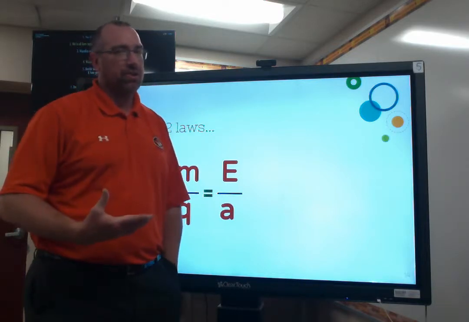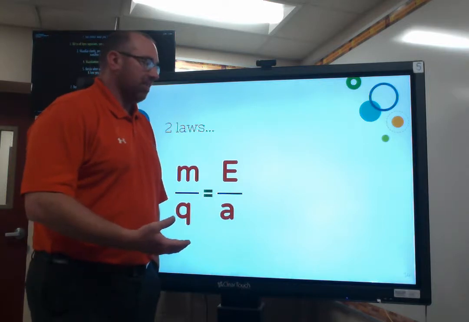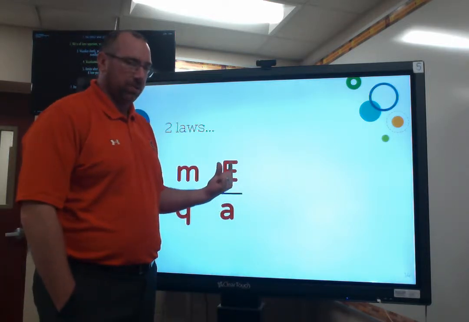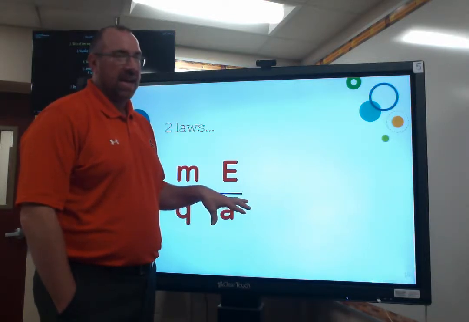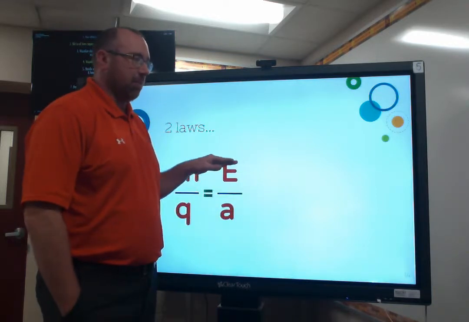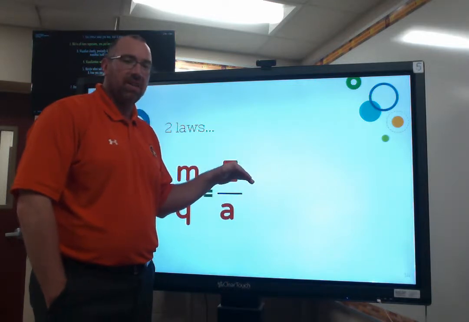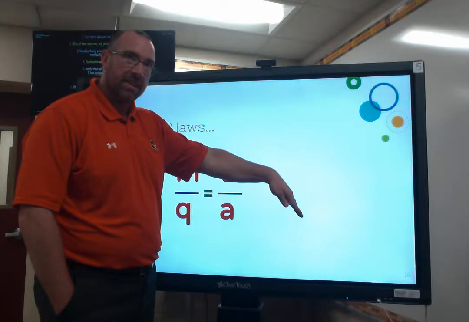Now, he could not directly measure the acceleration. He didn't know how fast the beam was moving, so he didn't know how long the particles were staying in that electric field, but he could reason that he didn't have to know that, because the amount that they were accelerated or curved as they went through the field was going to be seen in the angle that the beam was deflected.